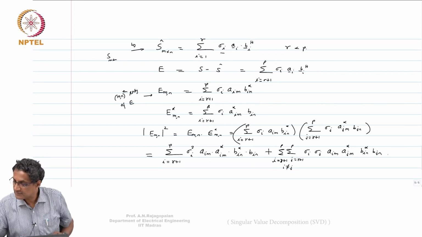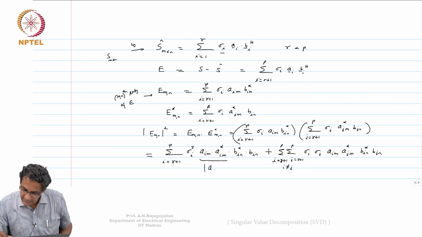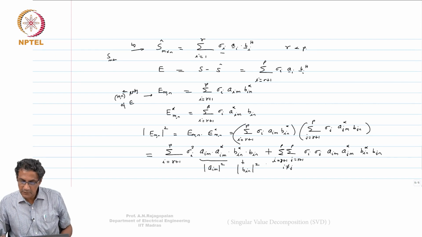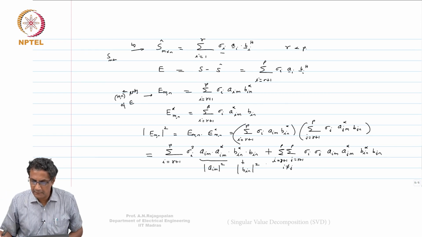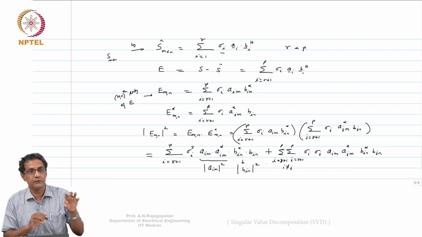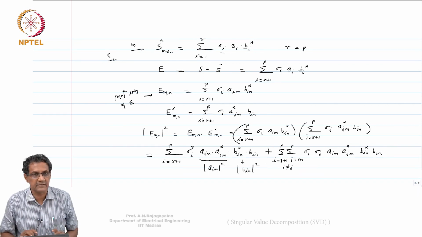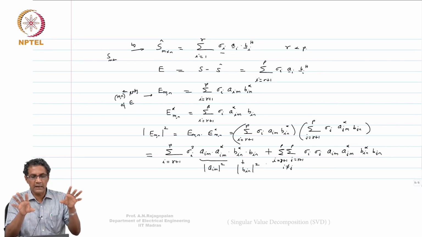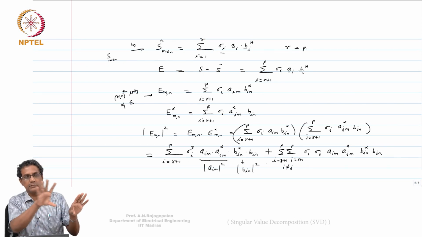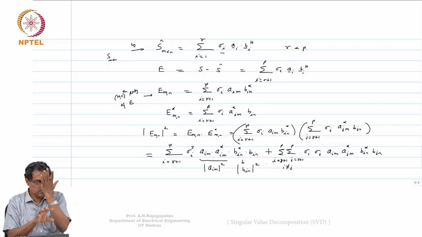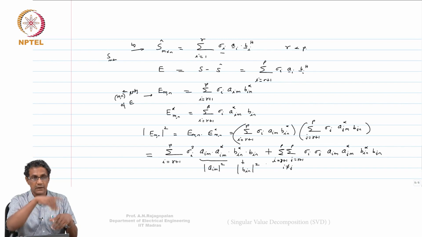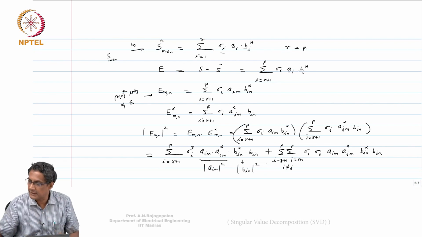If you just expand this, for example, this quantity is magnitude a_i(m) squared, and this is magnitude b_i(n) squared. Now if you want to compute the Frobenius norm of this matrix, that will be the sum total error. When I approximate S by S hat, what is the sum total error that I am making across all the entries in that matrix?